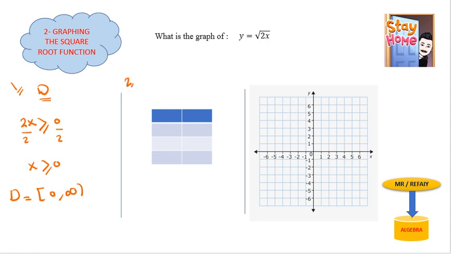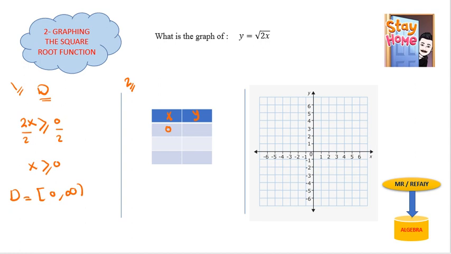Number 2, we have to choose values for x and y. But don't forget, the first value has to be the first value of the domain. So here, 0. And after that, you can choose any number, like 1, 2, 3, any number. But because of this radicand, we can choose numbers that make the radicand a perfect square.